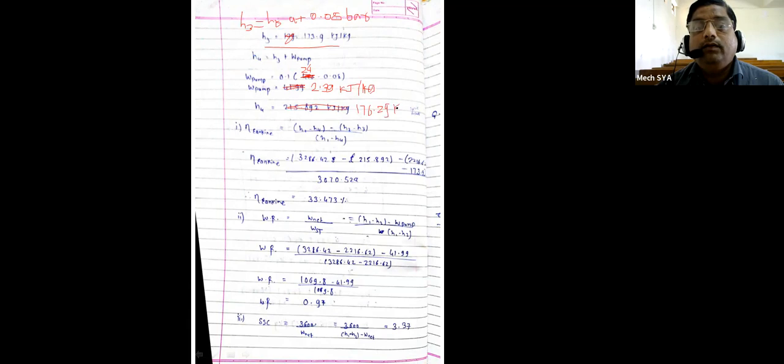Now put the values in the Rankine efficiency. Where ratios are there, we should not use the mass flow rate value.